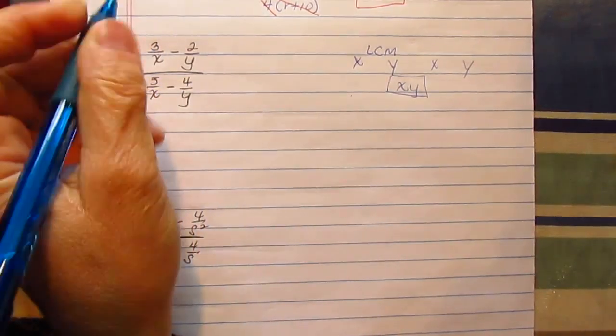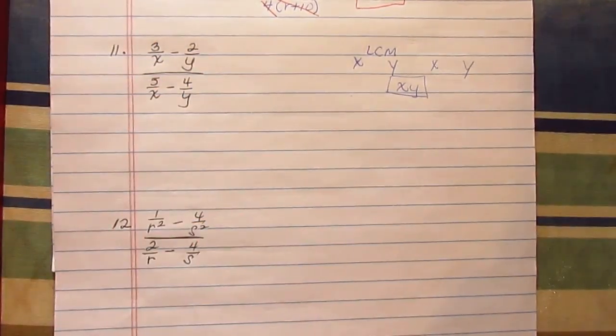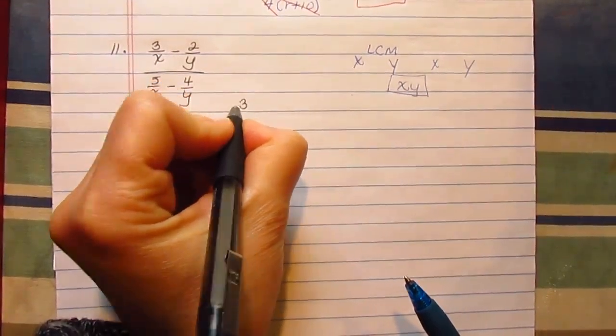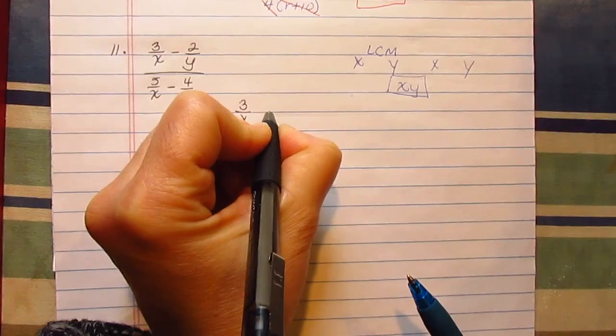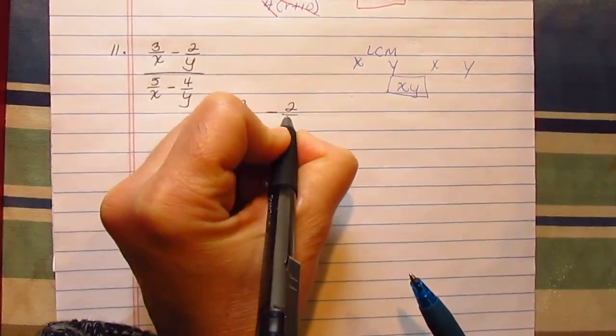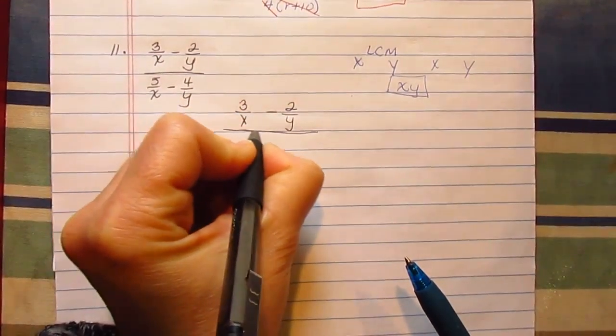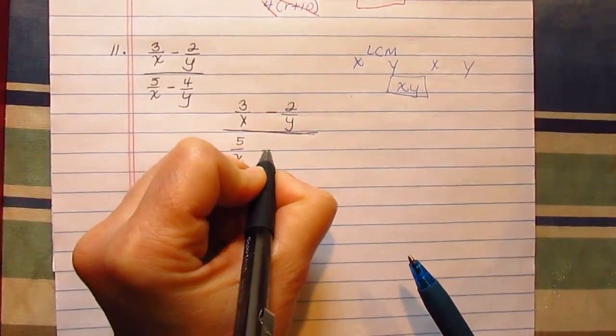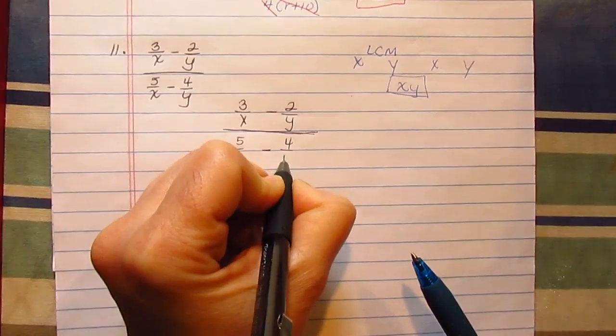So let's see. Let's write this over again, give myself a little bit more space. 3 over x minus 2 over y, divided by 5 over x minus 4 over y.